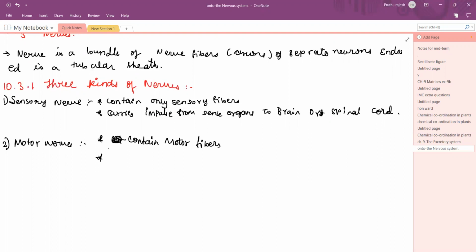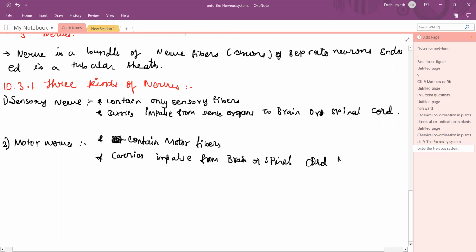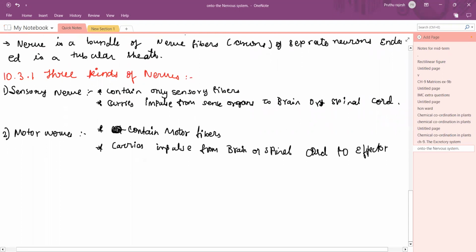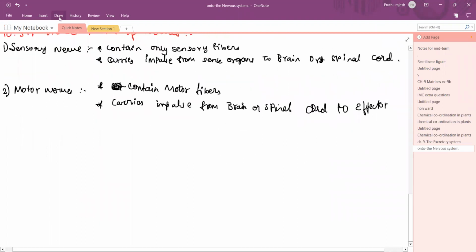Next one is carries impulse from brain or spinal cord to effector. Mixed nerves perform the functions of both sensory and motor nerves.